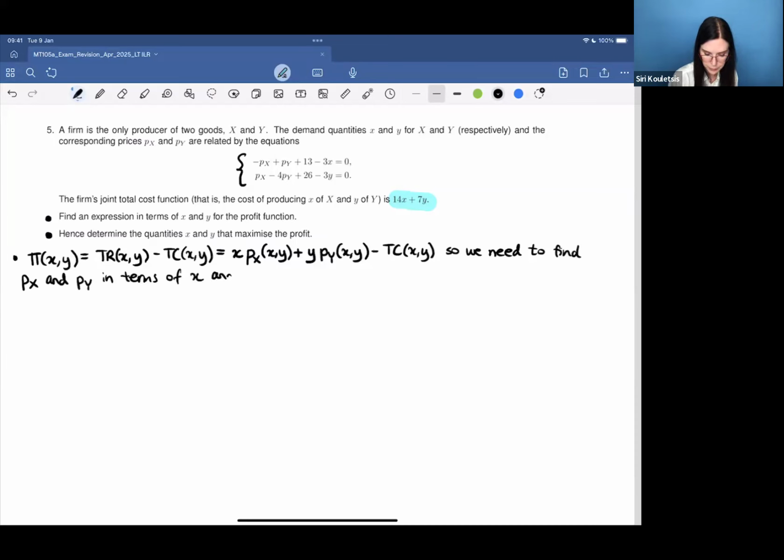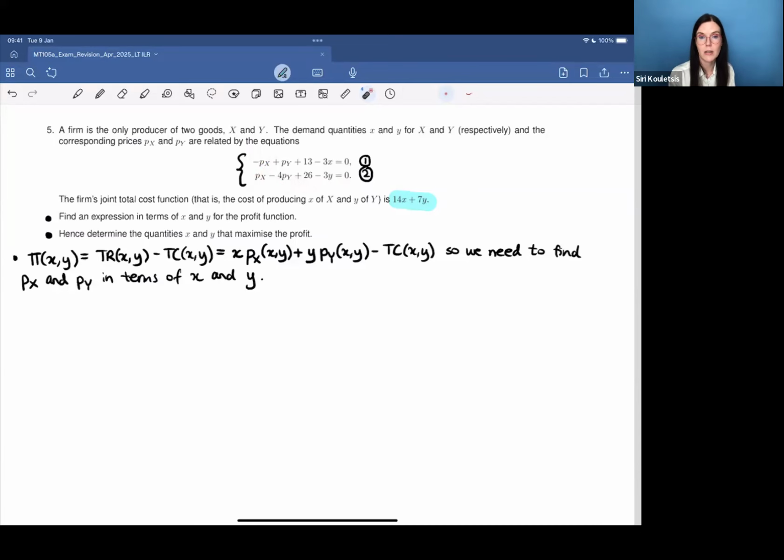And now, as you know, with solving simultaneous systems, there are many approaches. So one thing we could do is, for example, to add equations 1 and 2. That's what I'm going to do here. Why is that useful? Well, because we're going to have minus px plus px. So the px's are going to vanish, and that means that we can make py the subject.